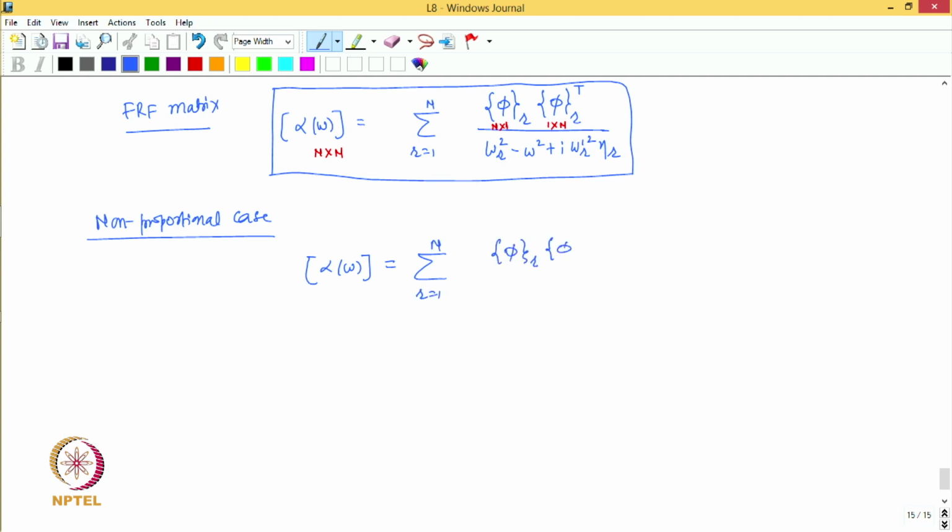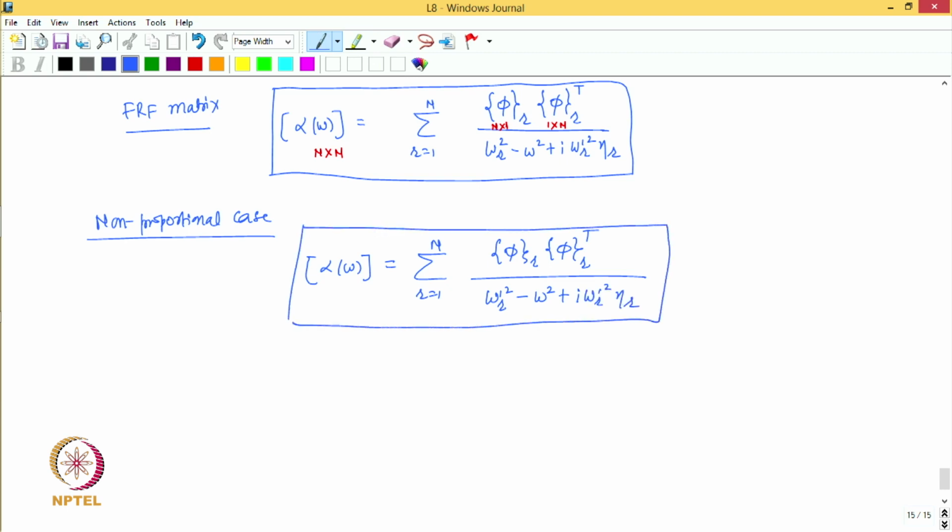The FRF matrix is the summation of phi r, phi r transpose, divided by omega r dash square minus omega square plus i omega r dash square eta r. So, this is the FRF matrix for the non-proportional case.